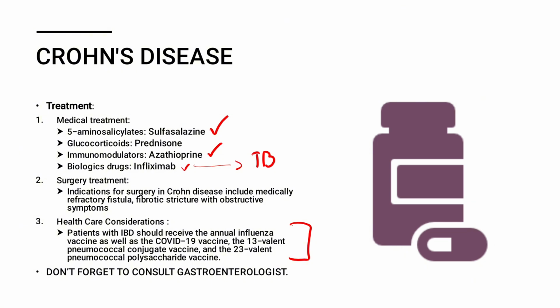We will give the COVID-19 vaccine, for example, or the pneumococcal vaccine, and also the influenza vaccine. This is important for exams like CCS or USMLE Step 3. You need to order those vaccines in the follow-up after the end of the case.